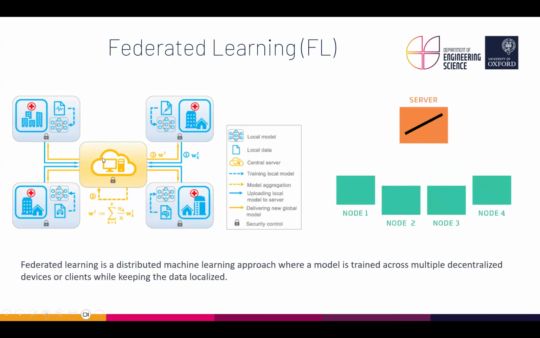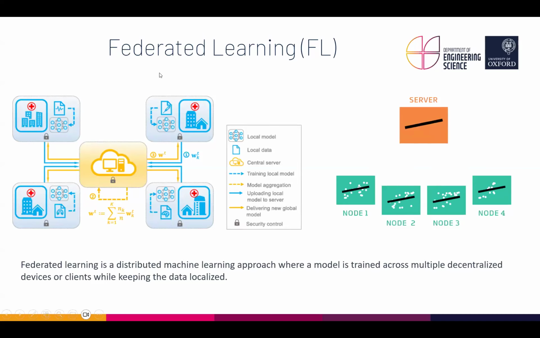Let's say this is my server. This is the central location that is connected to all these client devices. And so what we do is we send our model to these different devices where the models are trained locally and individually in these different devices on the local data.